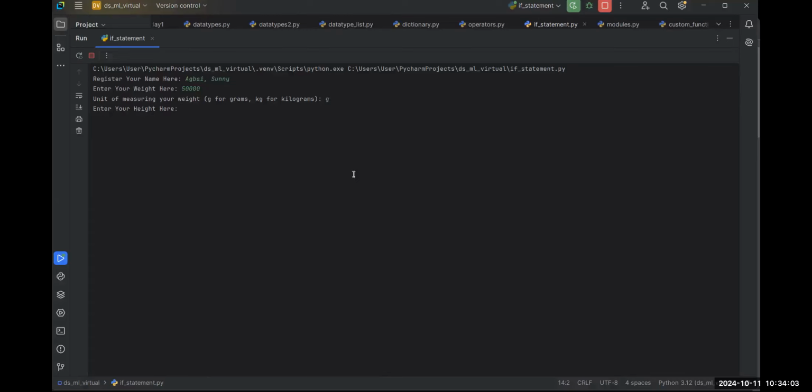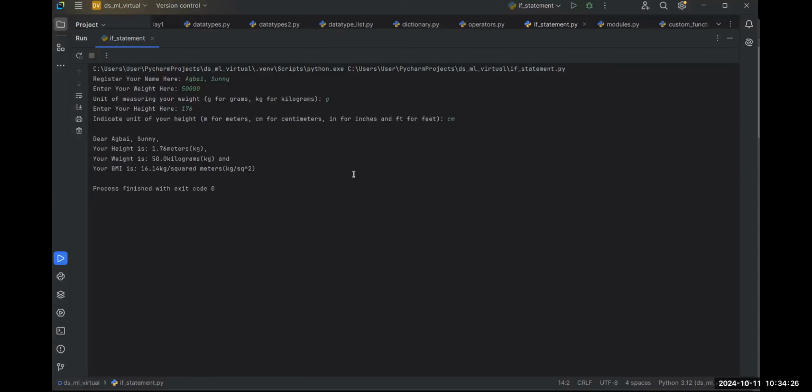Enter again. Your height here. Now I am inputting 176. And then it asks me to indicate the units of my height. So I am using centimeters, cm for centimeters. Enter again. Look at what it did.